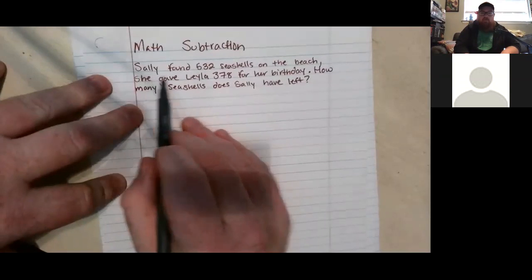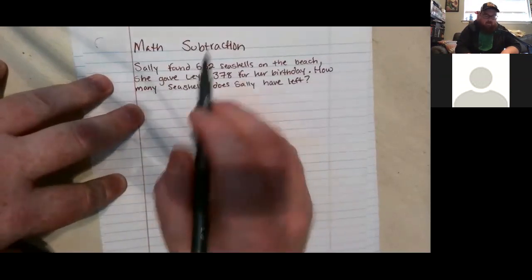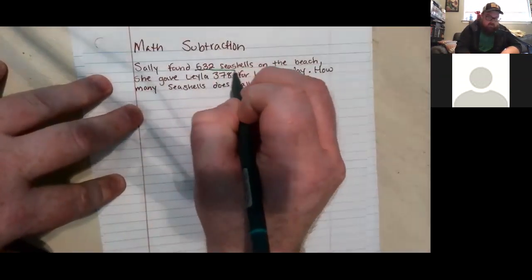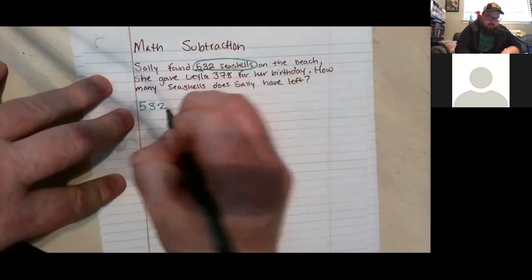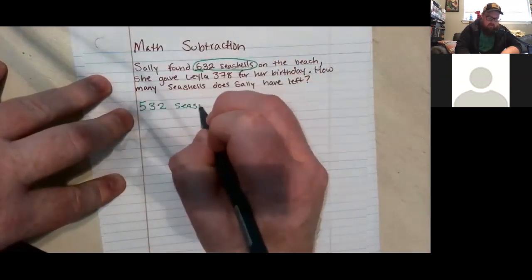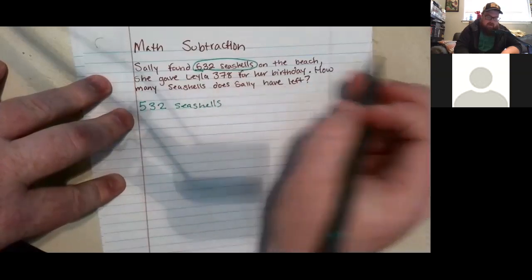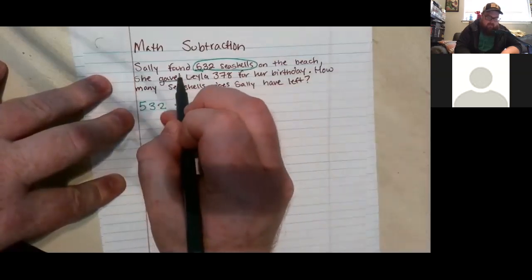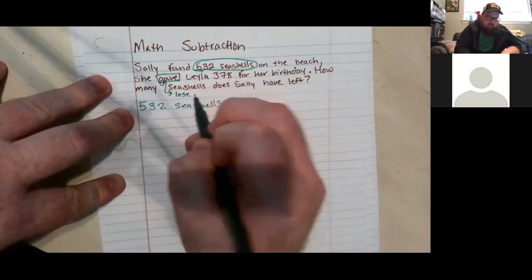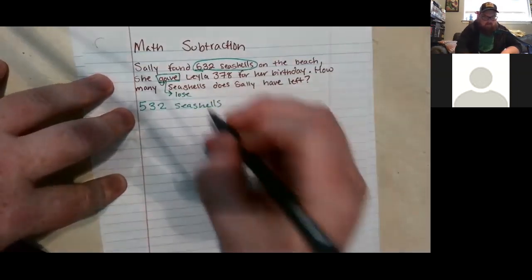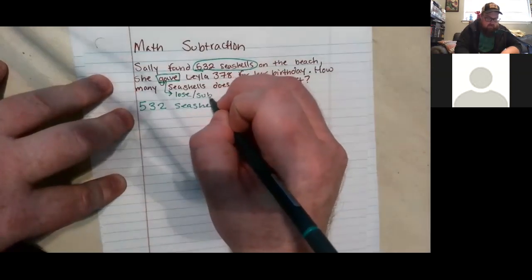So the first thing we should understand is that Sally found 532 seashells. That's super important because that tells us how many she has. So I'm going to write that out. And then she gave up. Gave means that she's going to lose something. And normally if you lose something, that means we're on the fast track to subtraction.